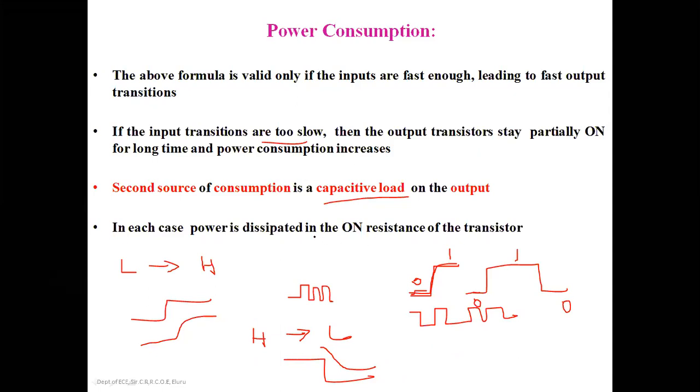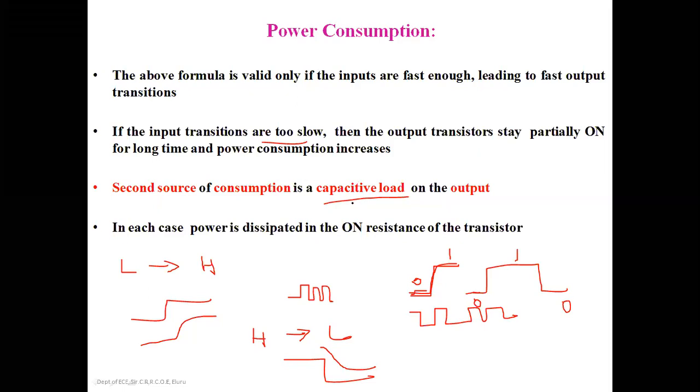So how can we understand this point? Here we are saying that the capacitive load is another source of the power consumption. If you see during the transitions, the capacitive load is modeled by the dynamic condition, the AC load.